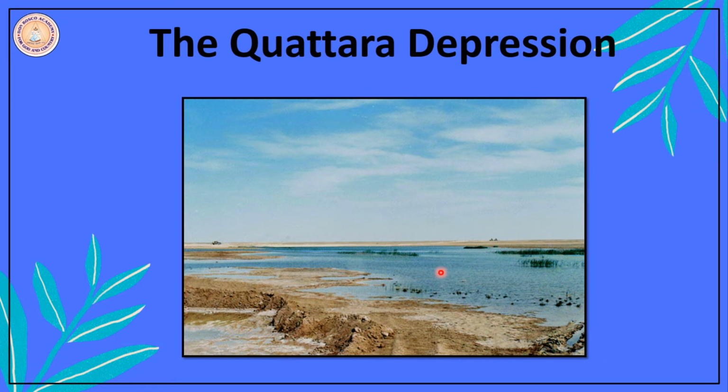So the winds and the storms cause the removal of sand particles from their original position. So here we see water has accumulated because of the rock which is found as the bed of the depression.